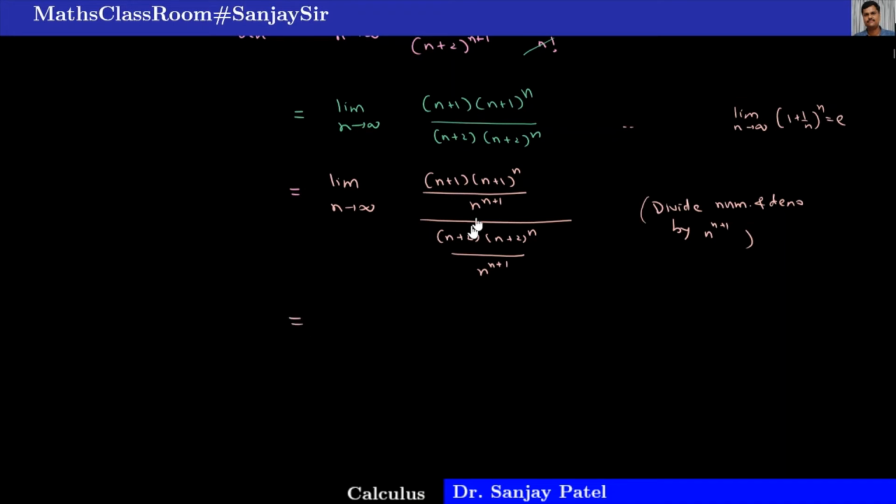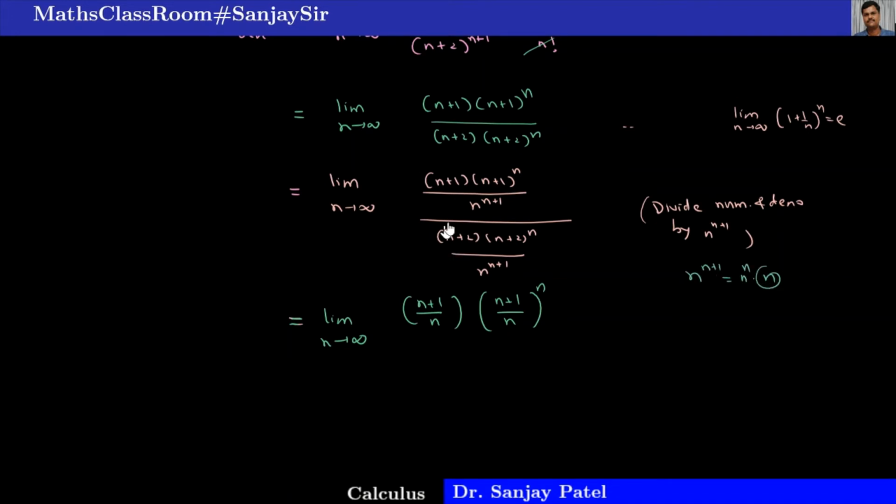This is equal to limit n tends to infinity. Now this is n raised to n plus 1. So one n I am giving to the first (n+1). So I can write it as (n+1) upon n, and this I can write as (n+1) upon n raised to n. This n raised to n plus 1 we have written as n raised to n into n.